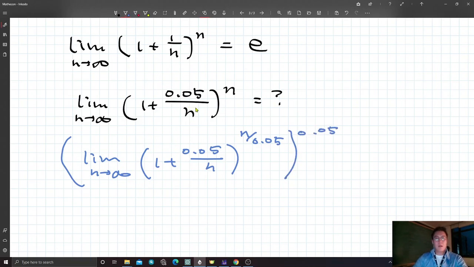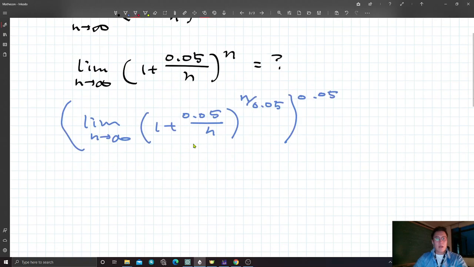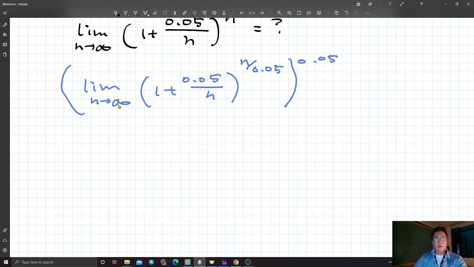So I divided by the same number and multiplied by the same number, so these two cancel. So the value of this limit is the same as this one. Then with this modified limit, what can I do? Because when n goes to infinity, n over 0.05 also goes to infinity.